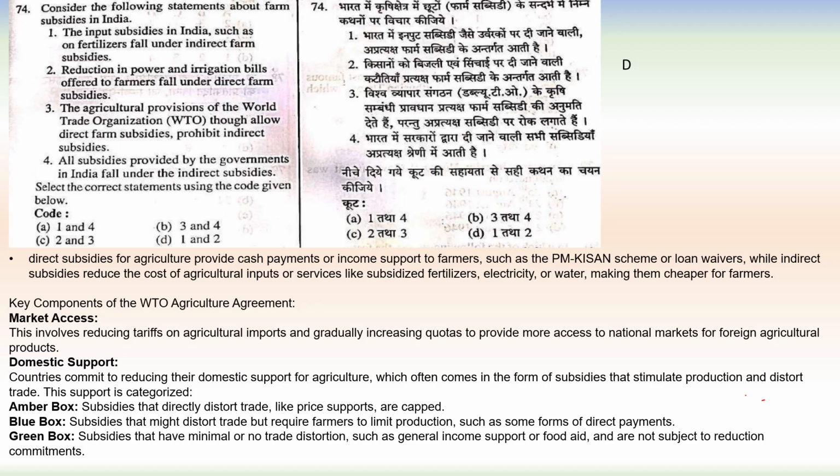Next question is, consider the following statements about farm subsidies in India. The input subsidies in India, such as on fertilizers, fall under indirect farm subsidies. Let's see what is direct or indirect farm subsidies. Direct is related with direct cash payment or income support.